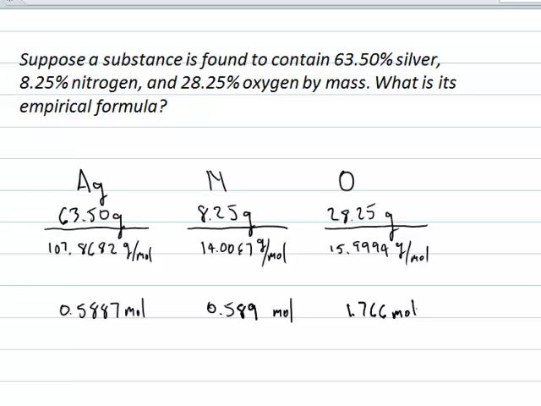All right, so now what we want to do is to calculate the mole ratio of this. Look at those three numbers, and we're going to divide each of them by the smallest. The smallest number is the 0.5887 moles, and so we'll divide each of these by 0.5887 moles.